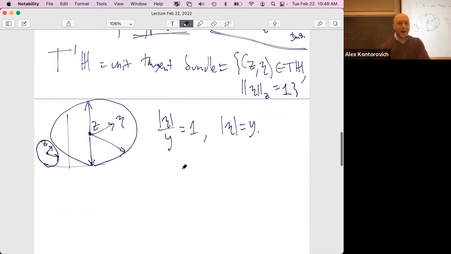So if you're up high, in other words, if you're somewhere up here, then a unit tangent vector is very long, Euclidean long, right? And if you're down low, then a unit tangent vector is much shorter. These tangent vectors have the same length in hyperbolic space.